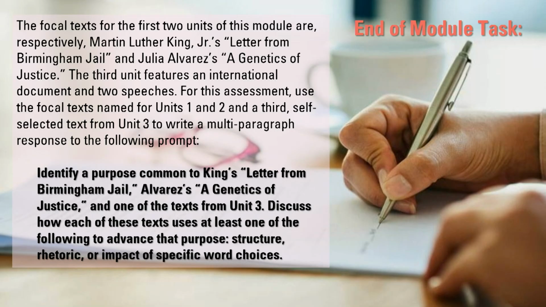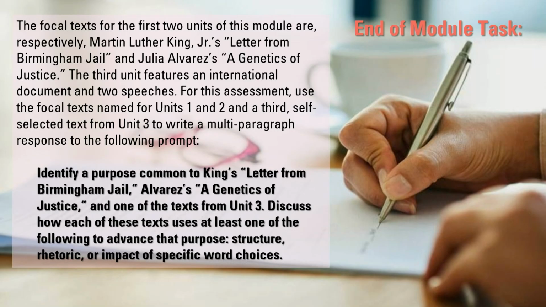The task itself says, identify a purpose common to King's Letter from Birmingham Jail, Alvarez's A Genetics of Justice, and one of the texts from Unit 3. Discuss how each of these texts use at least one of the following to advance that purpose: structure, rhetoric, or impact of specific word choices.